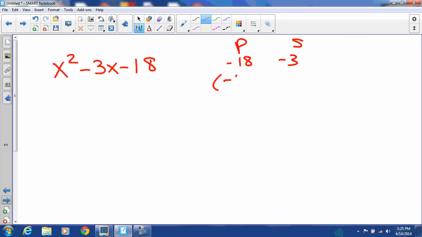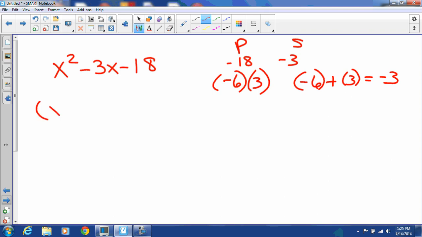I know that negative 6 times positive 3 equals negative 18, and my negative factor is bigger, the absolute value is bigger. So then I'm going to add them, and I get negative 6 plus 3, and my sum is negative 3. So my factored form is x minus 6 times x plus 3.